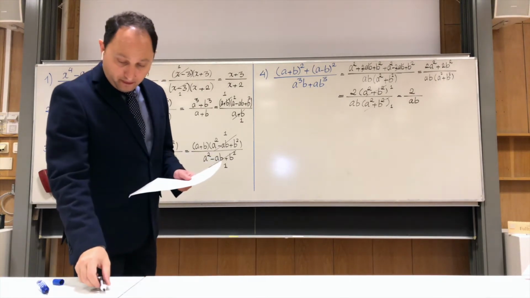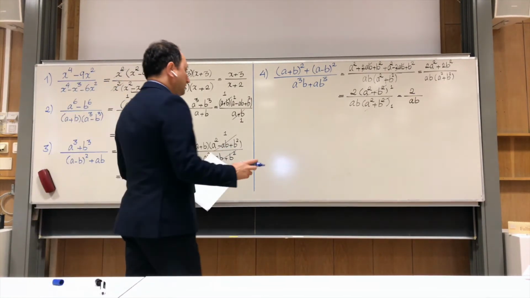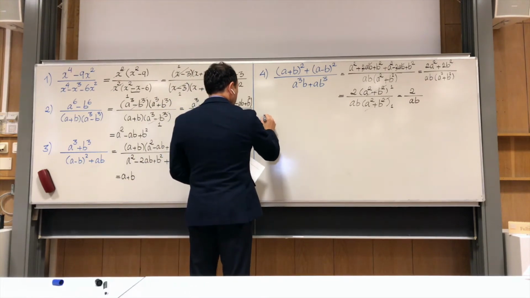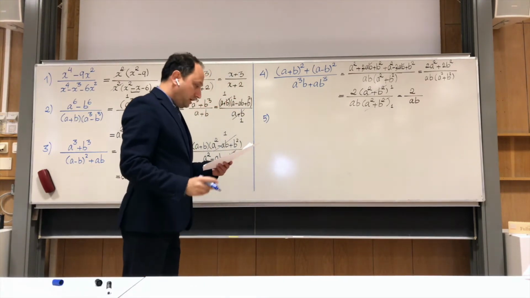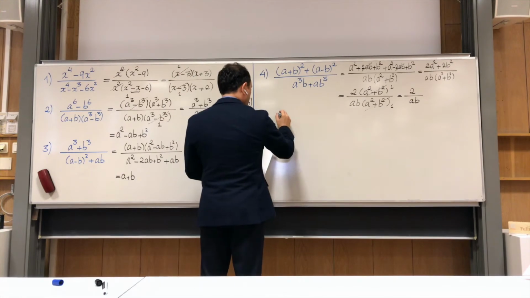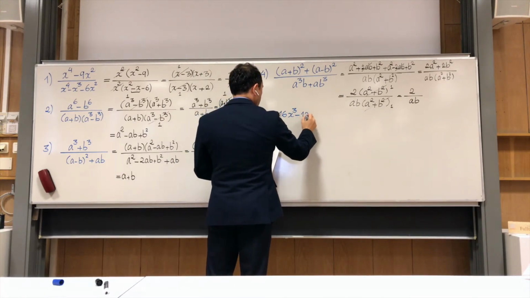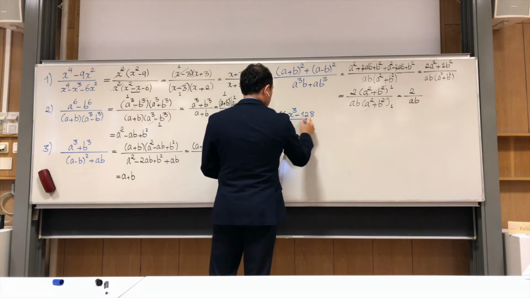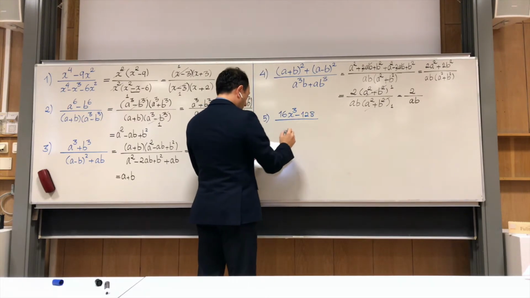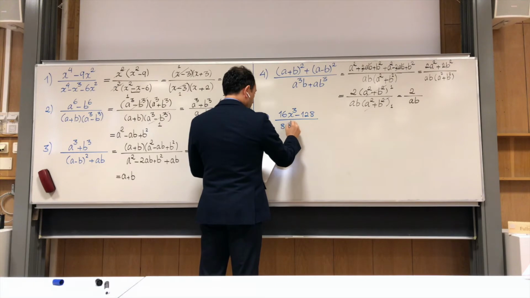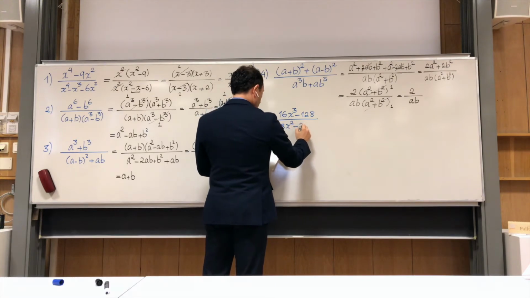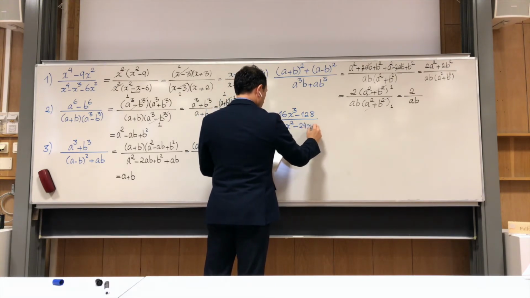Okay, now let me go to number 5. I am supposed to simplify this expression, 16x cubed minus 128, divided by 8x squared minus 24x plus 16.